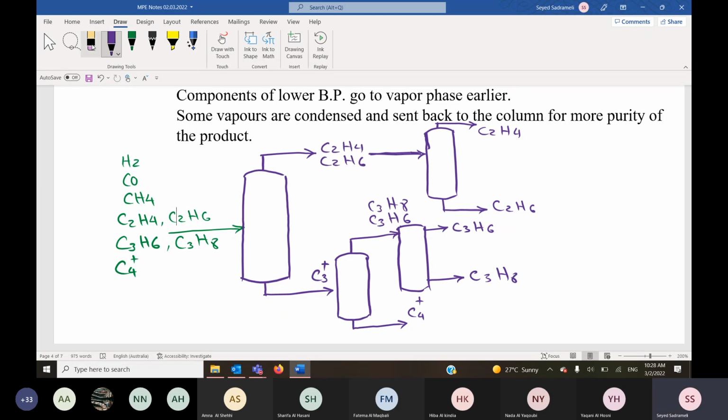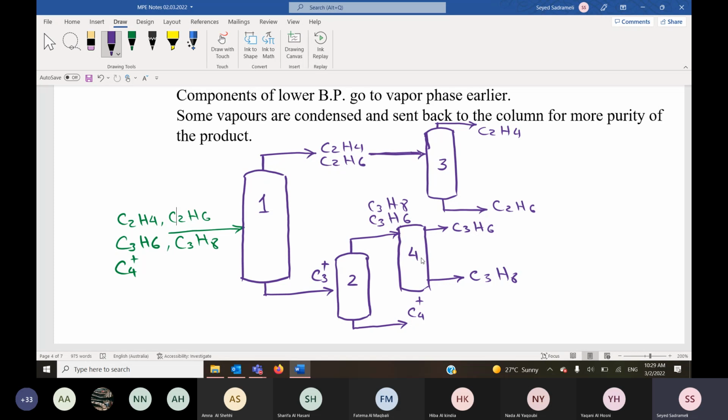So suppose we don't have these here. If you have these also included, you need another column to separate those from the heaviers. So this is the first column, this is the second, this is the third column, and this is the fourth column. So these are separation by boiling point.